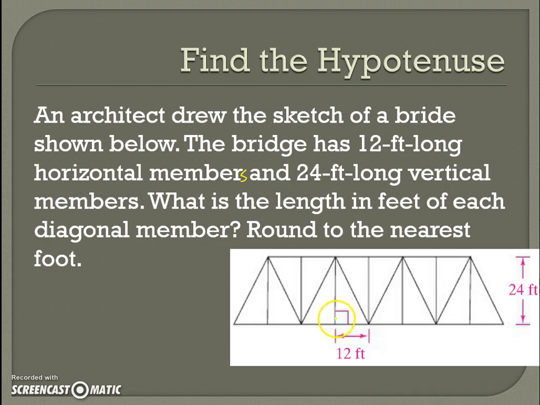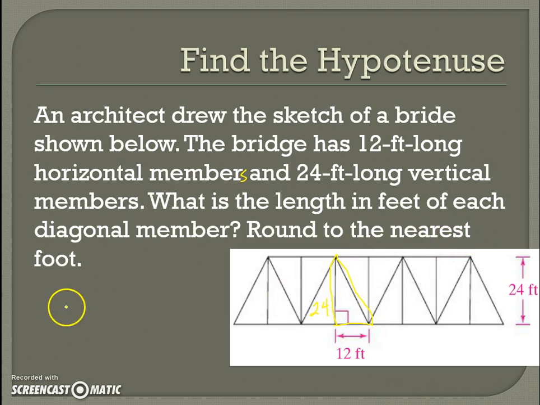If this is the triangle that I'm looking at, this part is 12, that's a leg, and this part is 24, that's another leg. So that is what I'm trying to find. It says, what is the length in feet of each diagonal member? And then it says, round to the nearest foot.